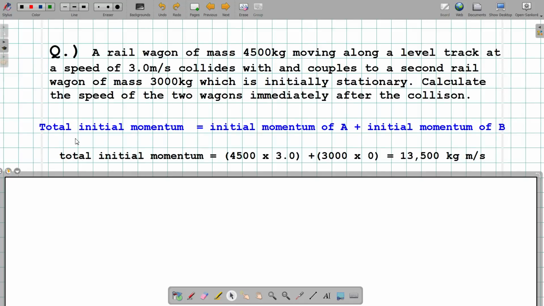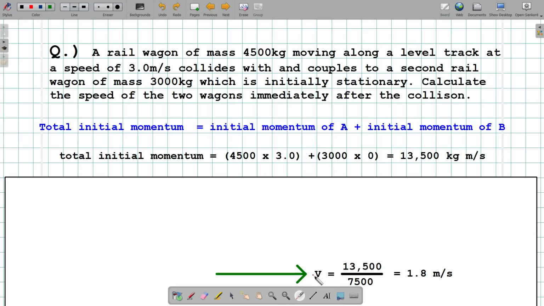The total initial momentum will be equal to the initial momentum of A plus the initial momentum of B. The initial momentum of A is 4,500 times 3, that's speed, and B is 3,000 times 0, because it's stationary. So the total momentum of the system before collision is 13,500 kilogram meters per second.